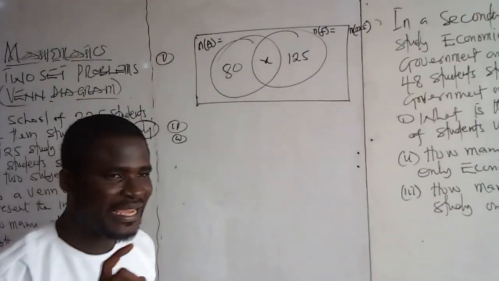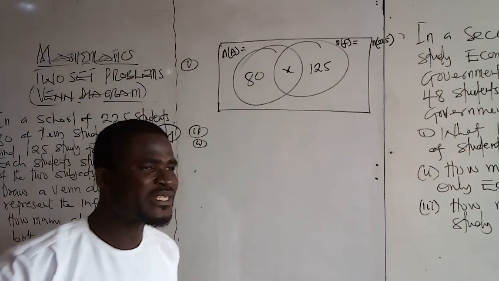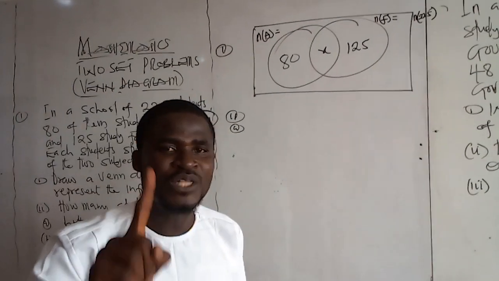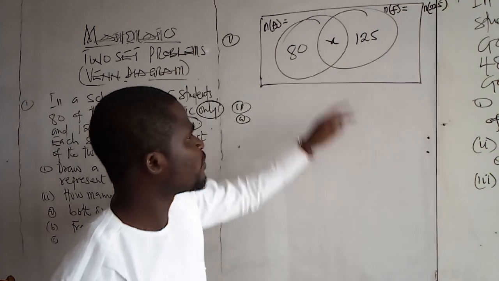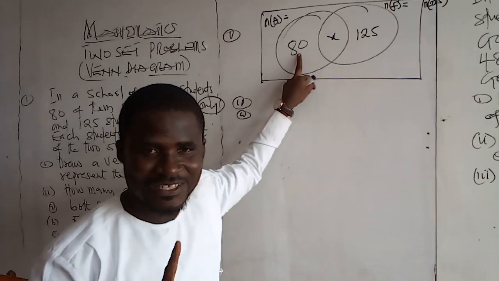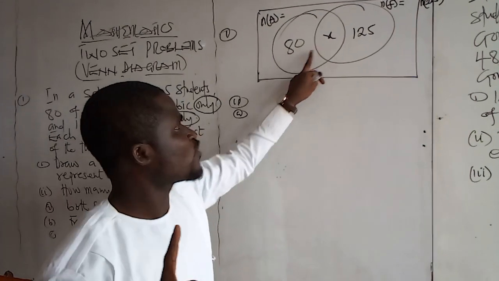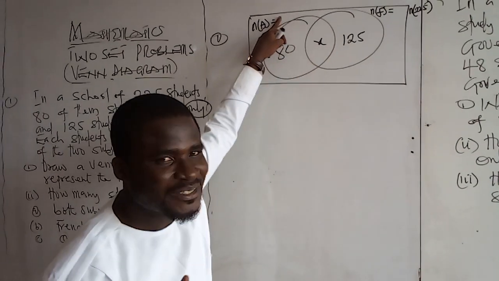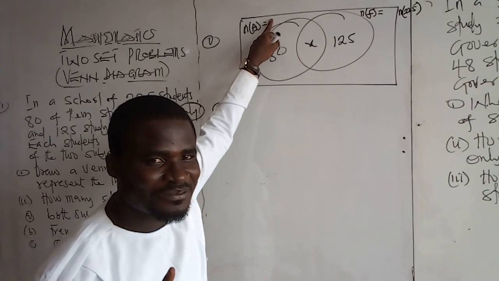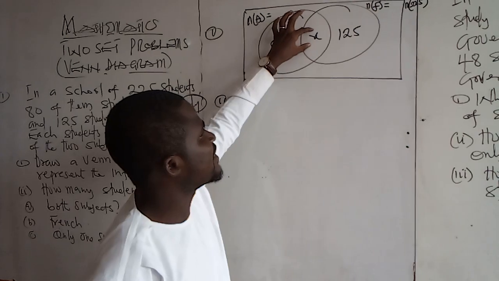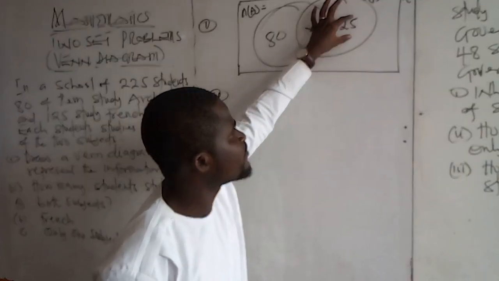So please and please again, because the question says those who study Arabic only, don't attempt to subtract this X from 80. You can't do that. You can only subtract this X from the 80 when the person says Arabic. There is no way you can subtract this X from 125.